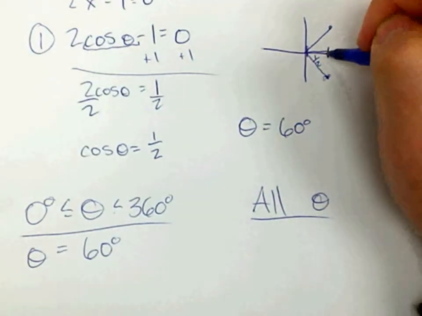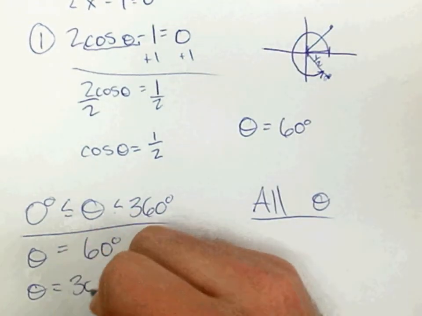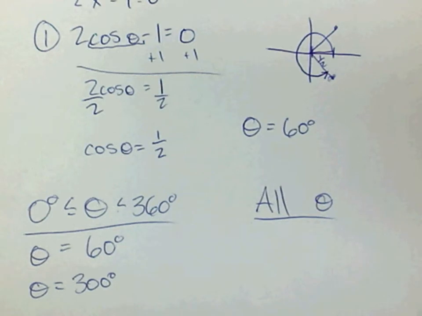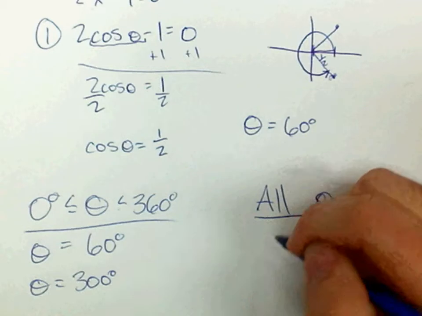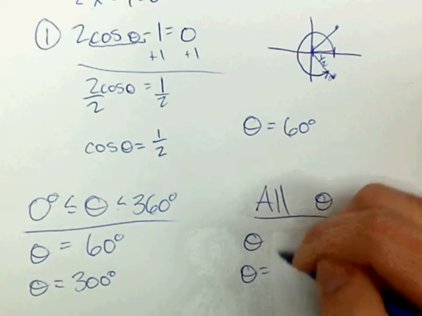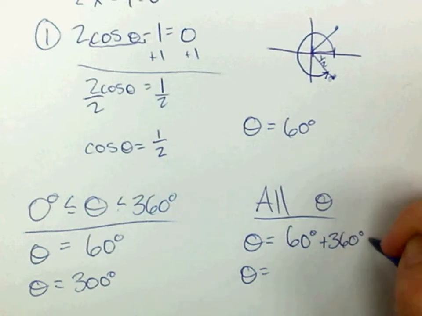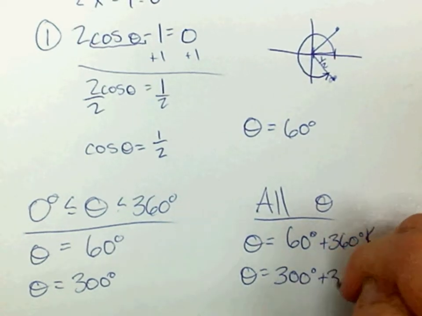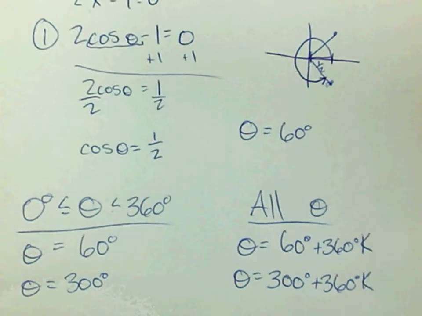If you go all the way around and stop at that point, you should get 300 degrees, which also you may remember from memorizing your unit circle. The difference, if I am solving for all theta, still just means that we need to add 360k. So that's a pretty straightforward one, but it is important to know the steps.